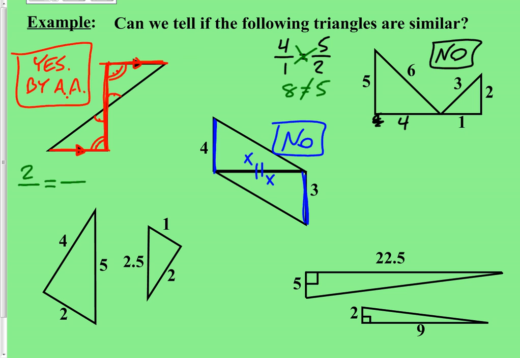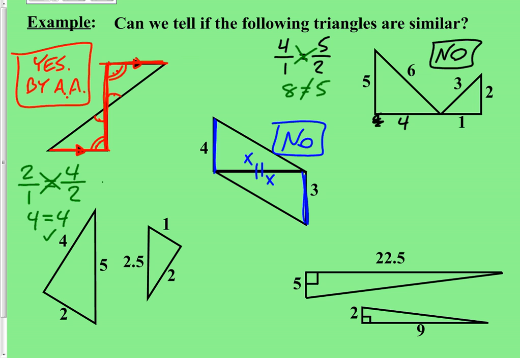The smallest side length on the right would be the 1. Coming back to the left, next smallest would be the 4. And on the right, the next smallest would be the 2. We cross multiply that and see if it checks out. 2 times 2 is 4. Does that equal 4 times 1, which is 4? It does work. So that's one proportion down.